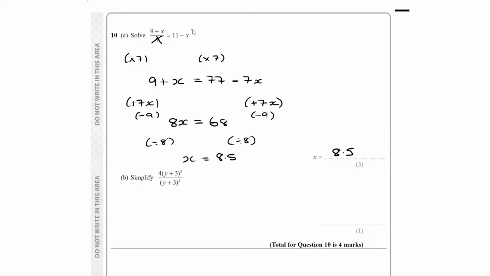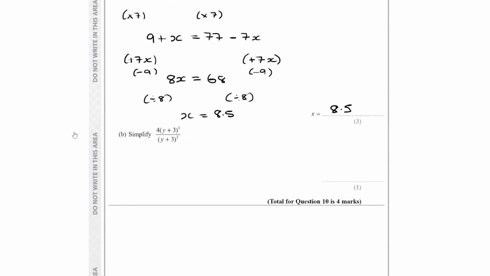It cancels out this 7, but then all of this you have to also multiply by 7. Hopefully that explains why. And do you see how I got an equation with no fractions? It was much easier to work from there. Also, I didn't want to do 9 divided by 7 or x divided by 7 because it wouldn't be a whole number, so I was avoiding that as well.